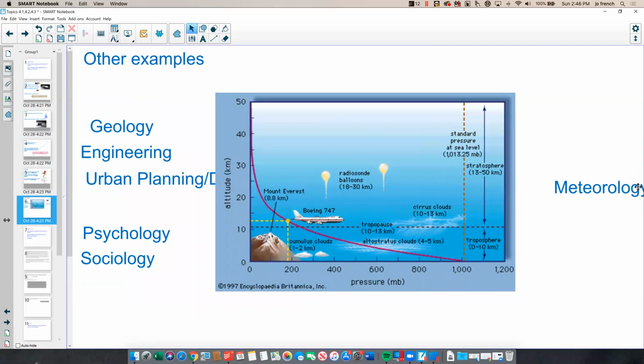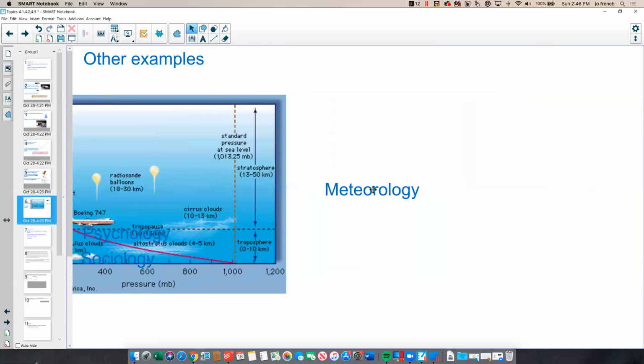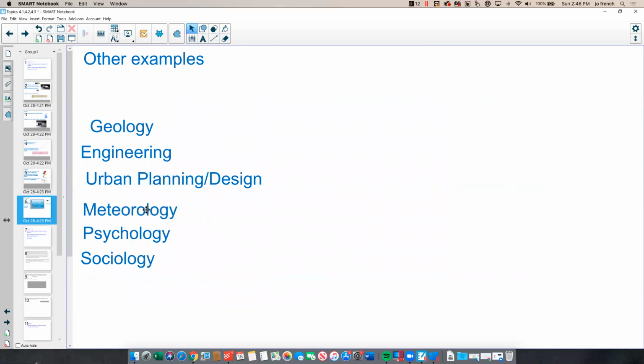How does the air pressure change depending on our altitude, right? The air pressure gets less, so we need to know what kind of thrust we need as we go up, or what kind of pressure will be pressing in on our weather balloons as they go up. All very important rates, pounds per square inch.